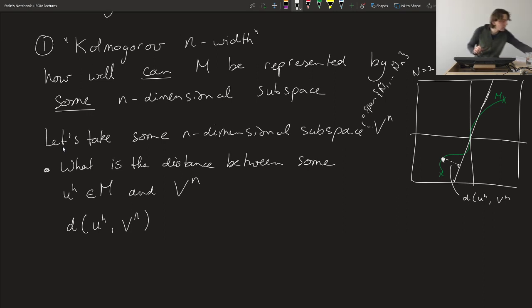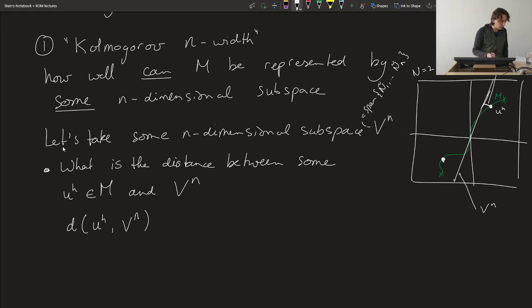I'm actually not so happy with the point that I've chosen. I'll move back a little bit. I'll choose another point. I'll choose this point as my example point right now. So that would be u_H, and clearly that line represents the distance from u_H to V_n. And again, this line is V_n.